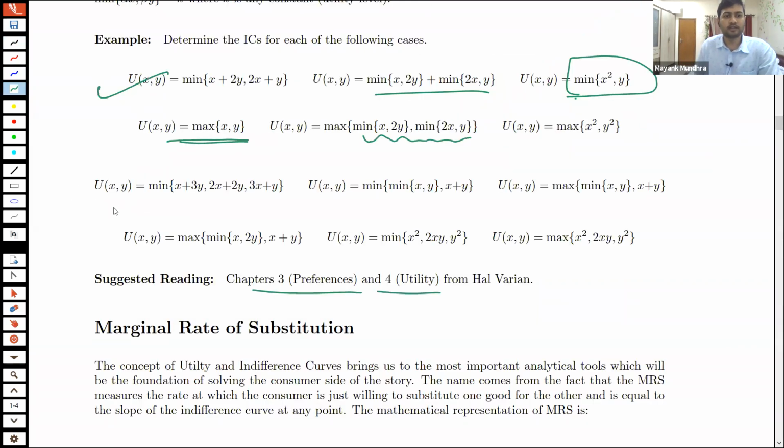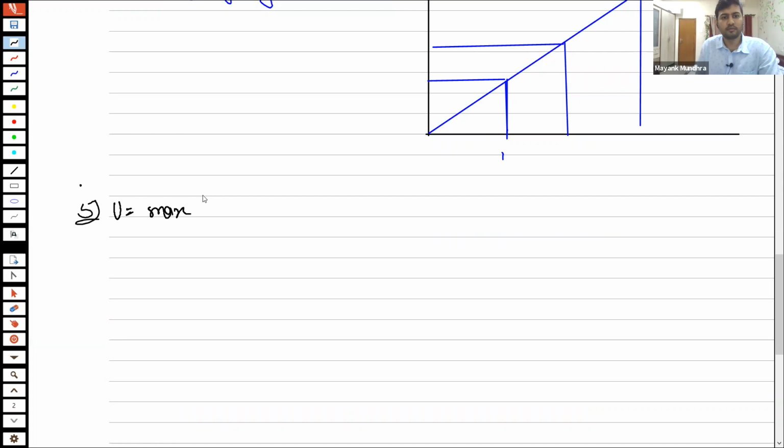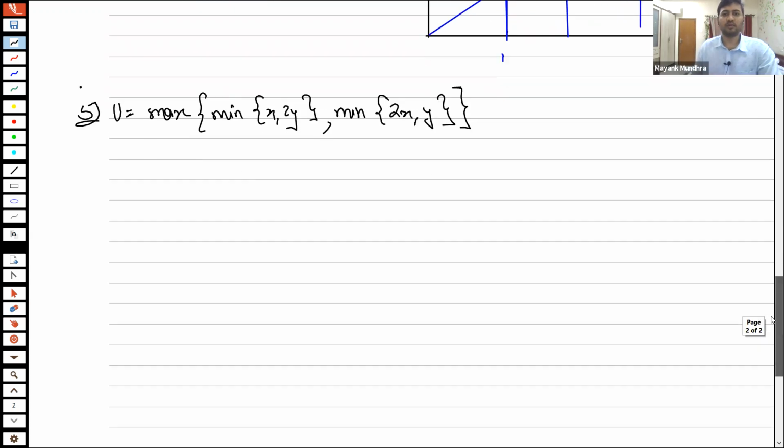Utility is max of min of x comma 2y comma min of 2x comma y.